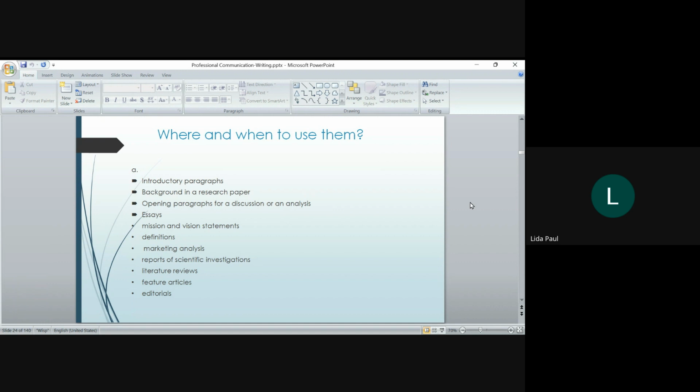If you're writing an opinion article, then maybe you can shift away from general to specific. But otherwise, all of these are the places where you use the general to specific pattern.